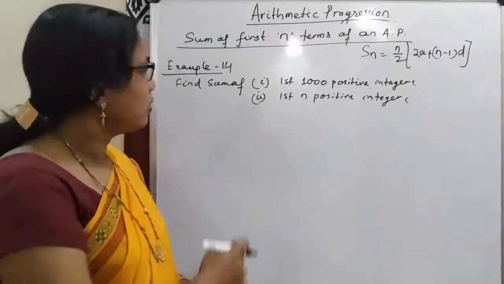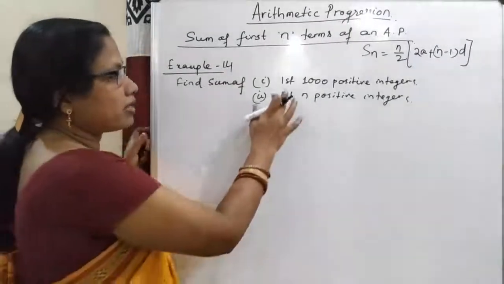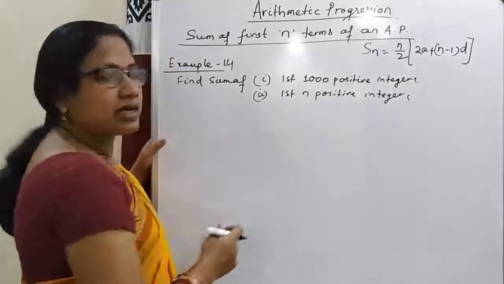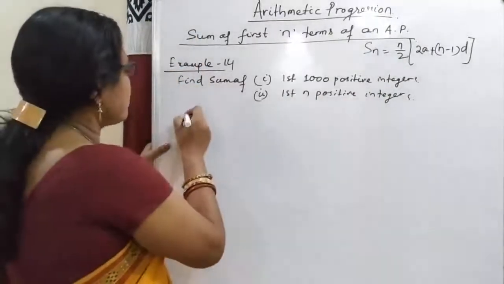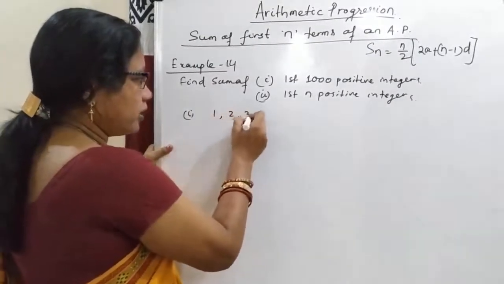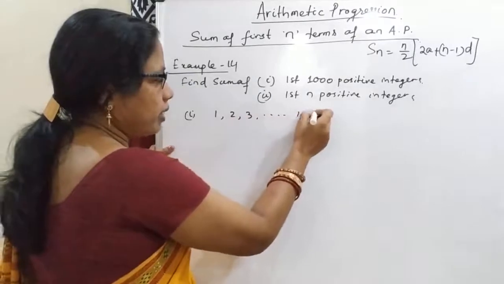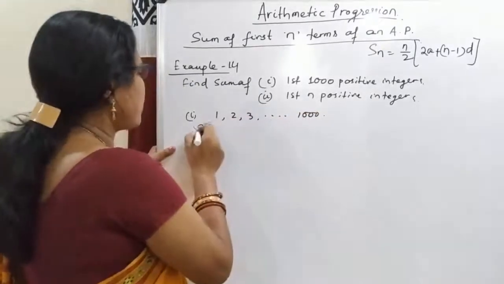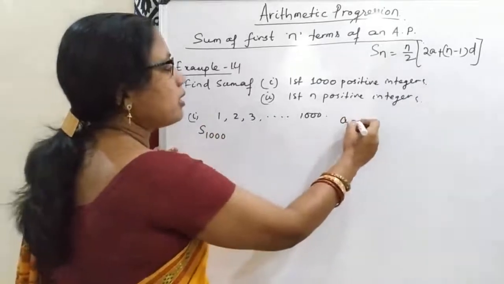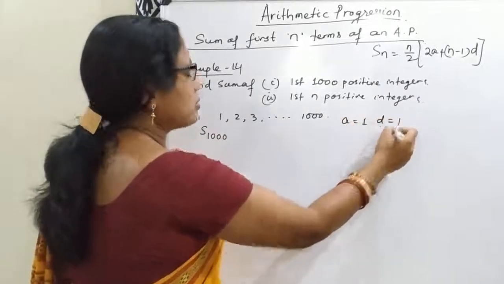So example, find the sum of first 1000 positive integers, then sum of first n positive integers. So first one, so the AP is like this, 1, 2, 3 up to 1000. So we have to find S1000. So here a is equal to 1 and d is equal to 1.